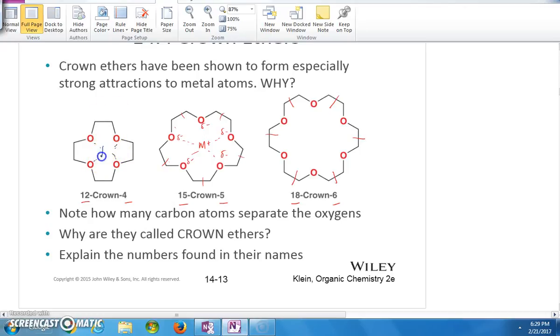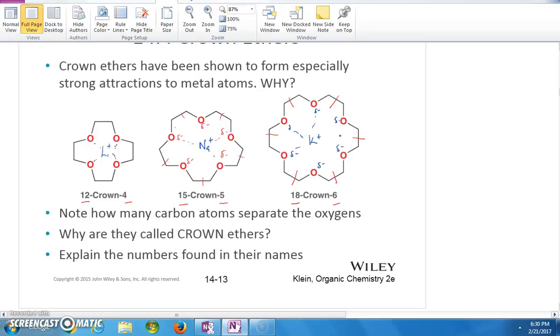You can have lithium that's much smaller, and in this larger one you can have sodium cation, and here you can have potassium. And so that interaction can occur here, negative charge, negative charge, negative charge, and so it ends up trapping. So the size of the ether will determine what metal cation it can trap.